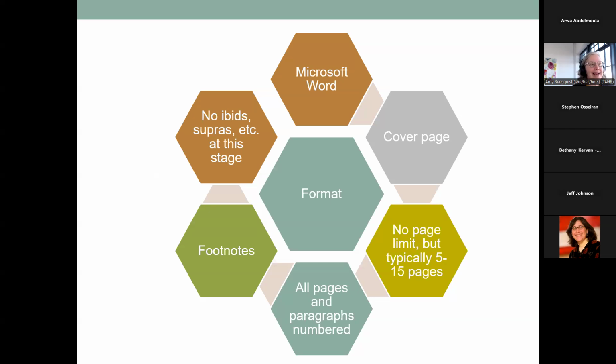Use footnotes, not endnotes, and please, please, please, at this stage, don't use ibids or supras or any sort of internal cross-references in the footnotes, because we do spend some time potentially rearranging things, moving things around, doing some edits, and it gets really frustrating if we lose the reference from an ibid or a supra. So please just use full source citations for everything.